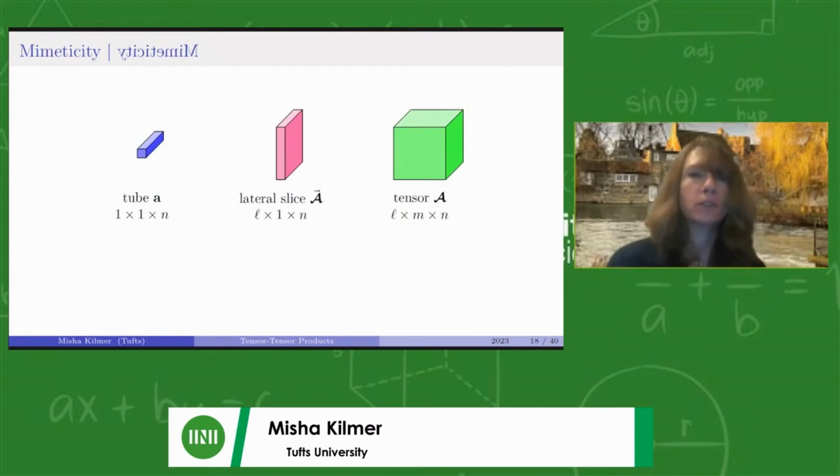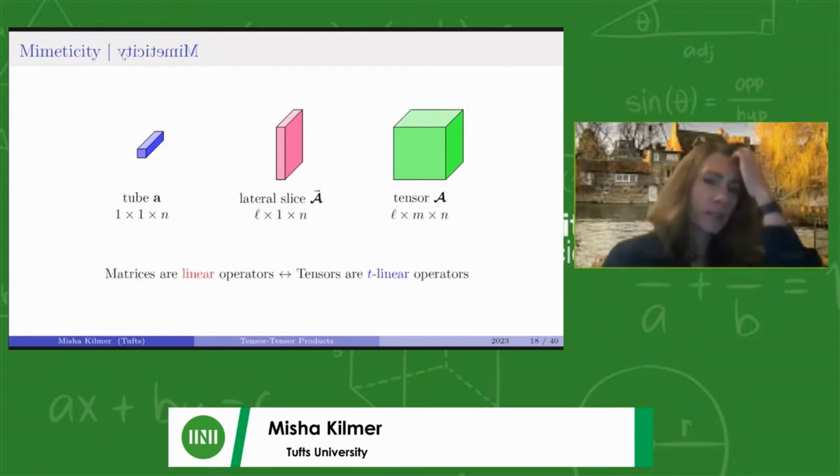So those are our tensor analogues. And whereas matrices are linear operators, we're going to call tensors T-linear operators, the T's just for tensor, and the fact that I'm not a particularly creative person when it comes to naming conventions.